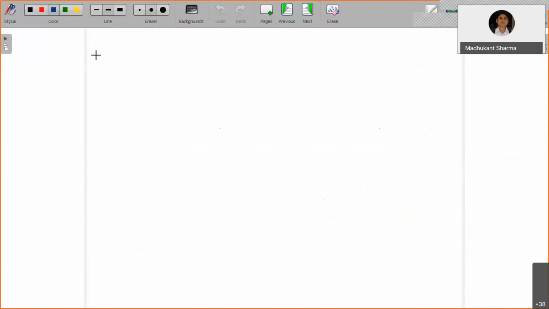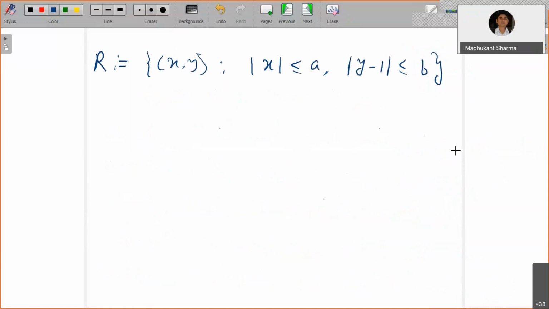So any rectangle R, I can consider x comma y such that mod of x minus x naught is less than or equal to a, and mod of y minus y naught, that is mod of y minus 1, is less than or equal to b. Now on this rectangle, mod y is less than or equal to 1 plus b.